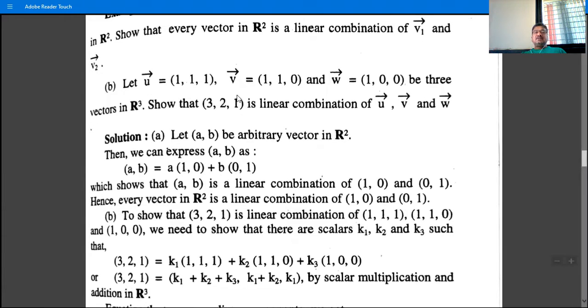You can denote (3, 2, 1) by another notation, whatever you like.